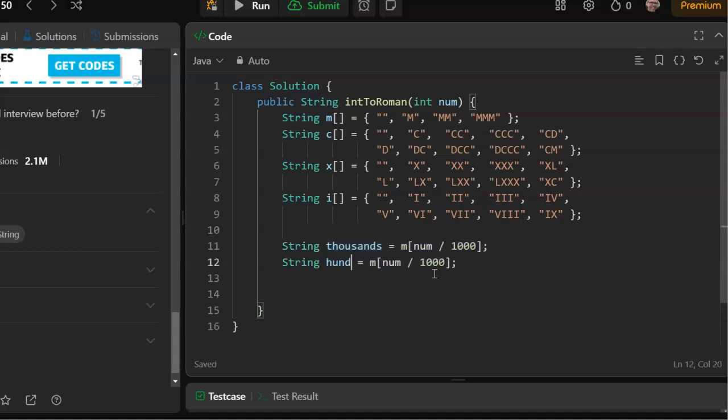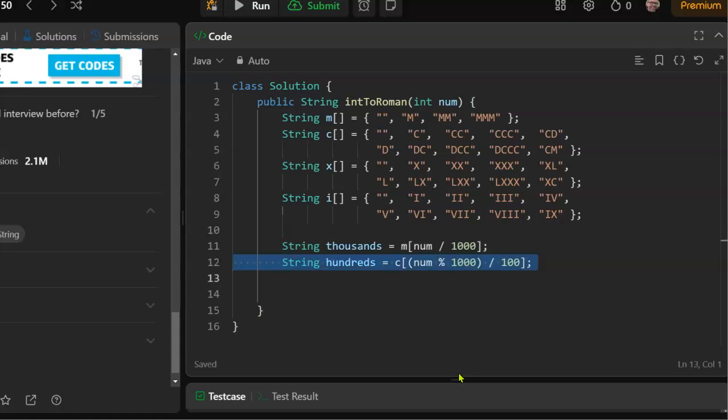Then the hundreds would be, we're going to use the C array. The C array, we've got num mod 1,000, whatever's left from thousands, and we should put that in parentheses. And then div 100. Okay, that looks good.